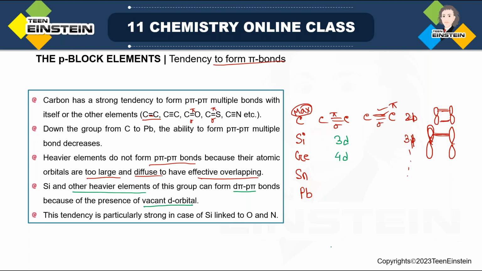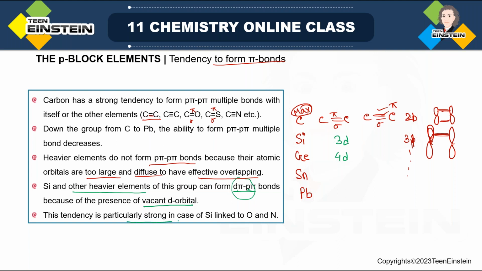Because of this vacant 3d or 4d, it can form a d-pi bond with another element. So this d will come from the group 14 element, and the p orbital will come from another element. They can use vacant d orbitals for d-pi bonding, which is obviously not possible in carbon because there is no d orbital present in the second period.